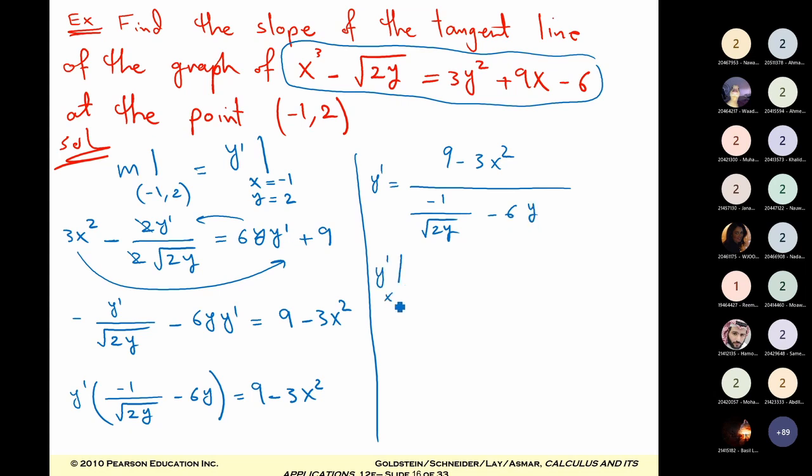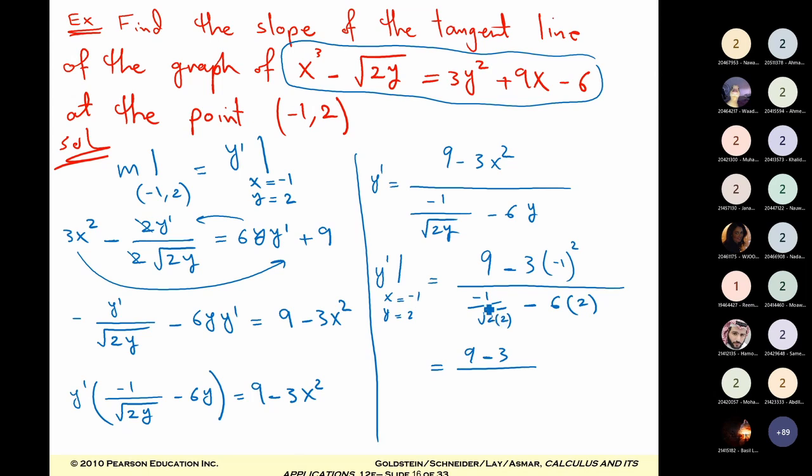Okay, now substitute x equal -1 and y equal 2. This equal 9 minus 3 times (-1) squared over -1 over radical 2 multiplied by 2 minus 6 multiplied by 2. This equal 9 minus 3 over -1 over radical 4 minus 12.